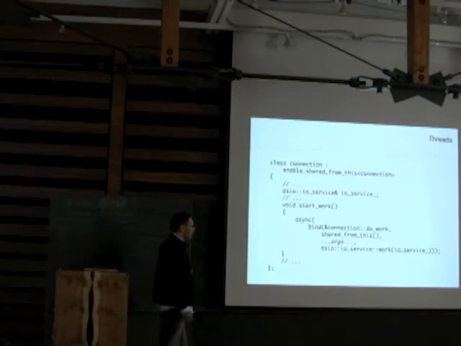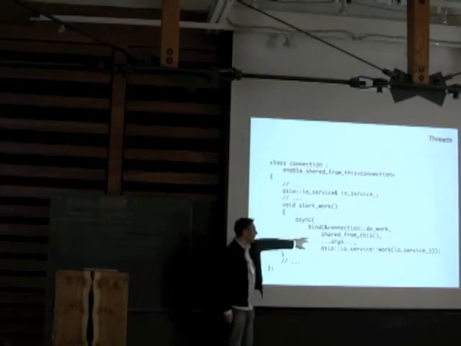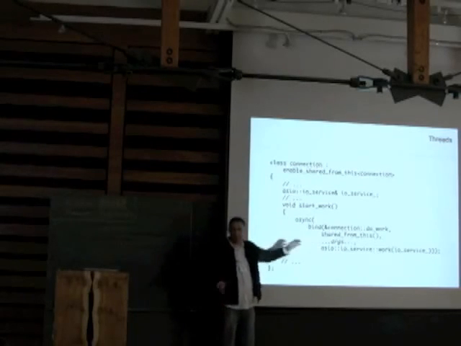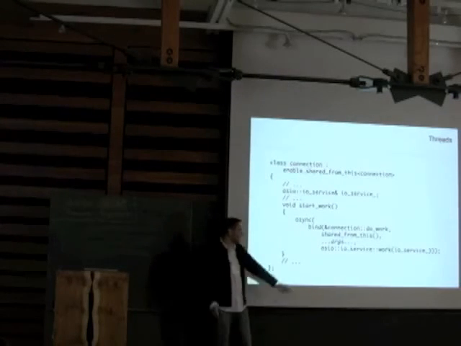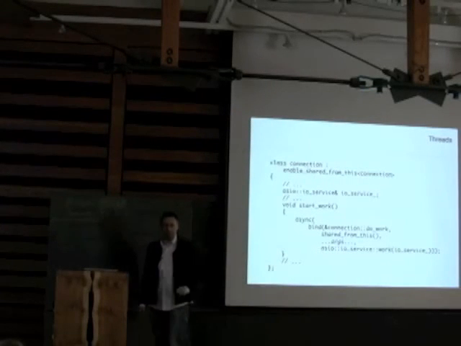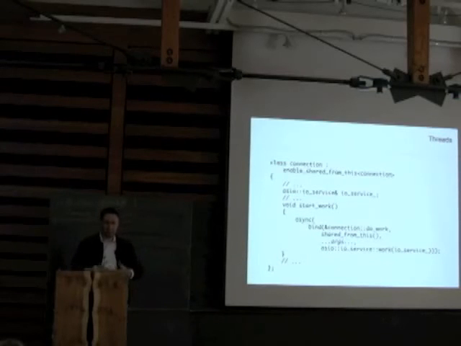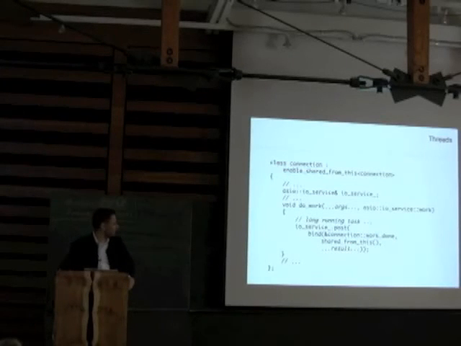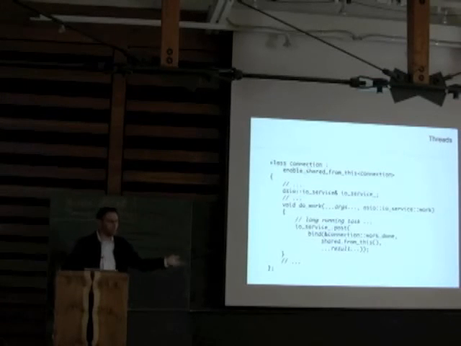We're creating a function object here. We're passing in a bunch of arguments which represent the work to be done, but we're also binding in one of these objects of type IO service work to keep the IO service thinking that there's still a pending operation. Then, at some point later in the background thread, the do work function executes, and this is where you do whatever it is.